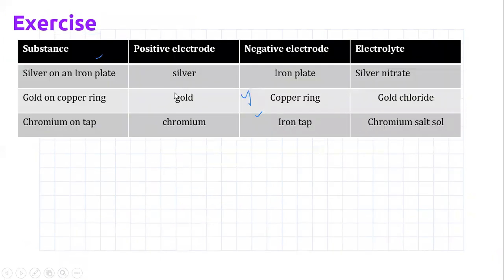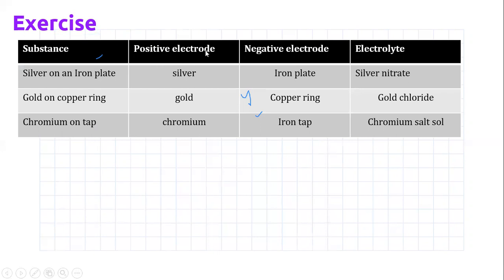So here there is another exercise for you. I have given 3 substances. You have to find out what we use at the positive electrode and what we use at the negative electrode, and the electrolyte type which we use. Right, here you can see the first one, we have to place silver on an iron plate.